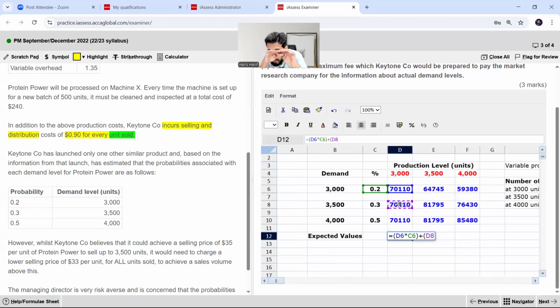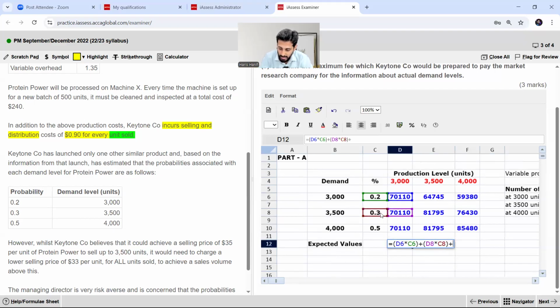because expected value is of your decision making point. Expected value is not of your demand. Expected value is of your decision making point. That is the level of production. Multiply by 0.3 plus 70110 multiply by 0.5 bracket close. This is the expected value. And here expected value press is equal to bracket open.